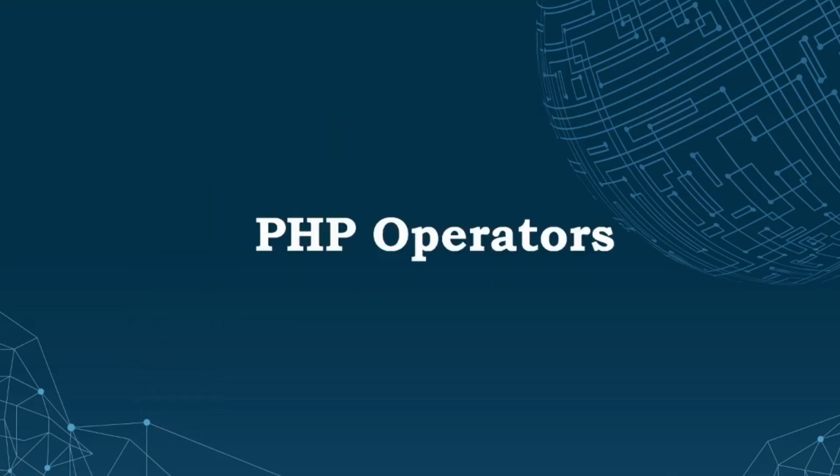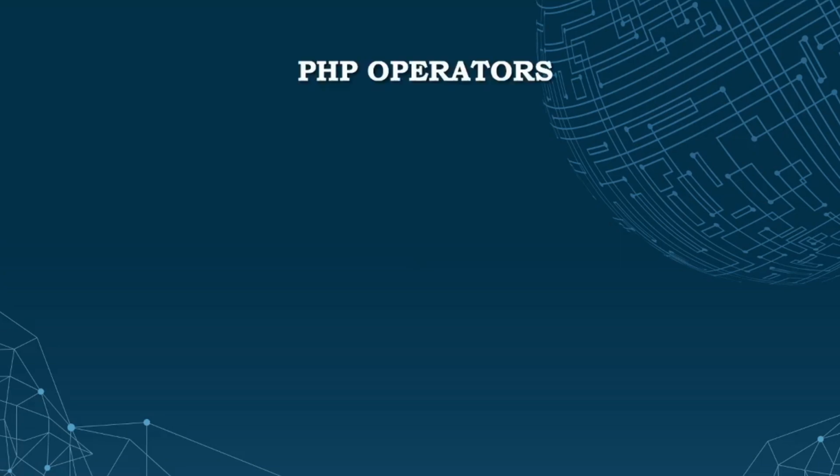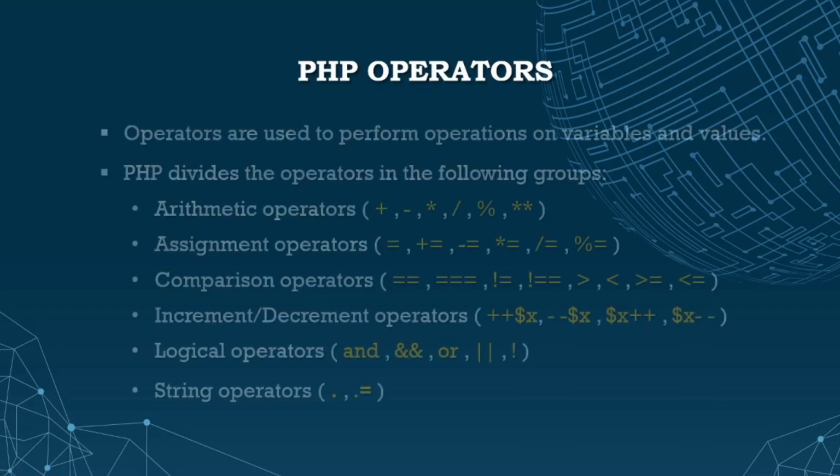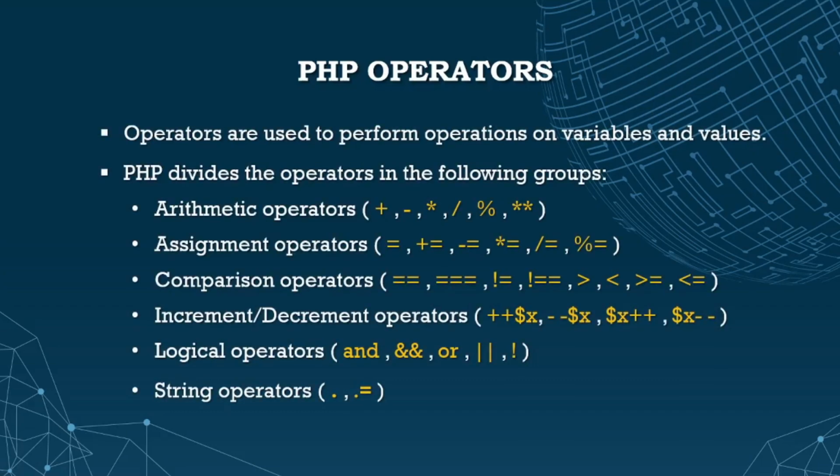Okay? So let's talk about operators. If you have a knowledge na on other basic programming such as C, yung operators naman halos the same, yung mga purpose. So operators are used to perform operations on variables and values. So PHP divides the operators in the following groups.